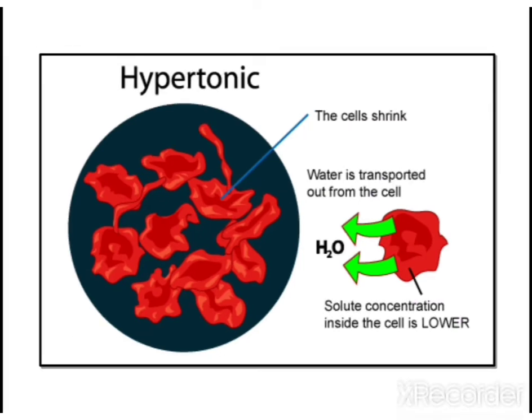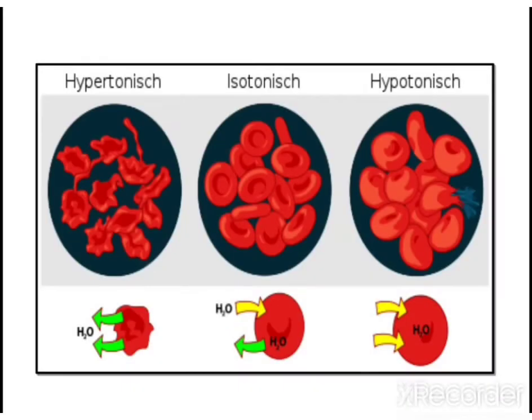The outside medium is hypertonic, that's why the water is transported out from the cell. So water goes out, and that's why shrinkage of the cell occurs. If a cell is kept in hypertonic solution, shrinking of the cell occurs.